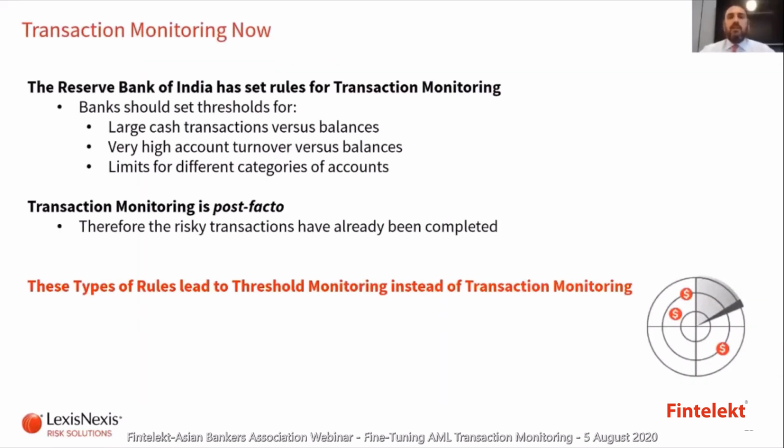So, transaction monitoring now. Again, we looked at the RBI because the laws are changing in India and there's a real focus on this space, but it's similar everywhere in the region. Banks have to set thresholds for large cash transactions, high account turnover, and different categories of accounts have different limits.